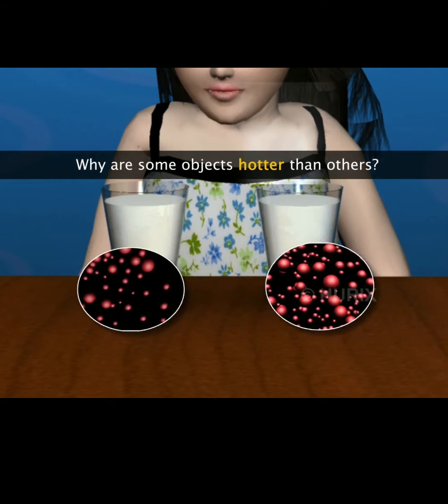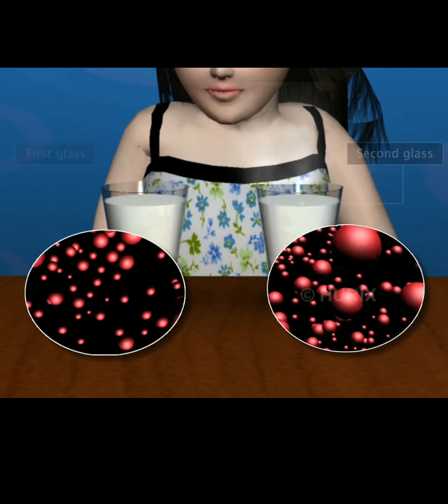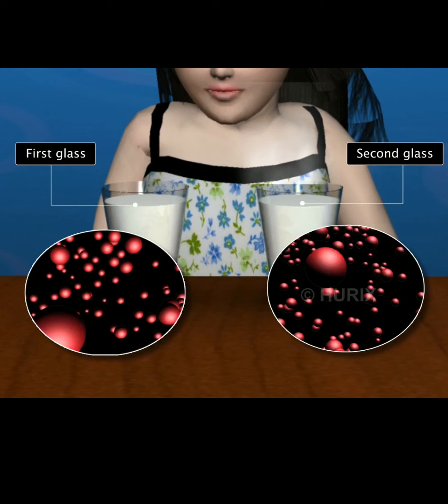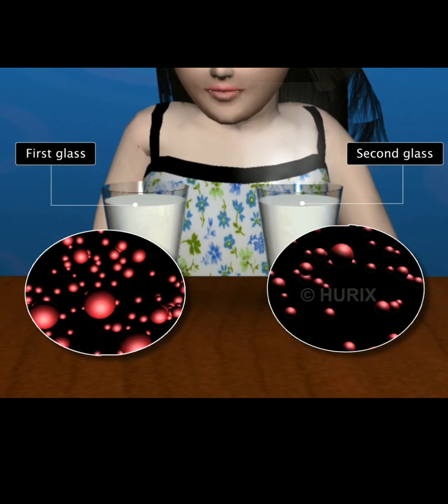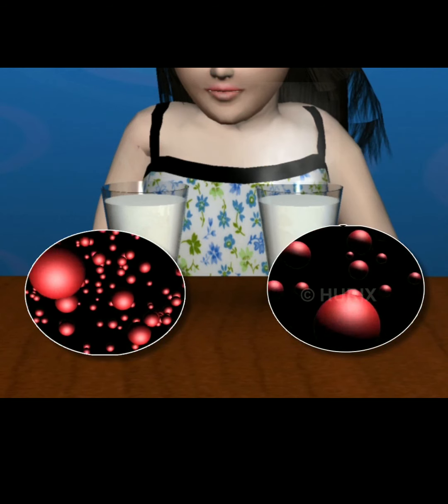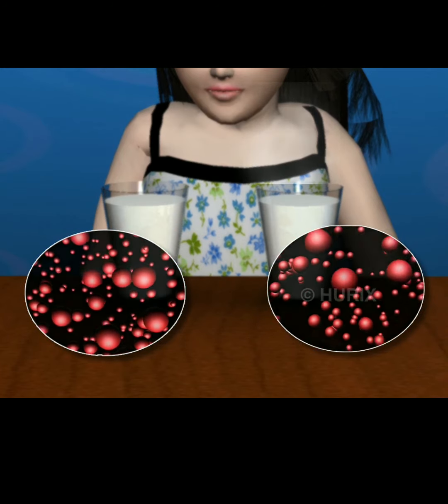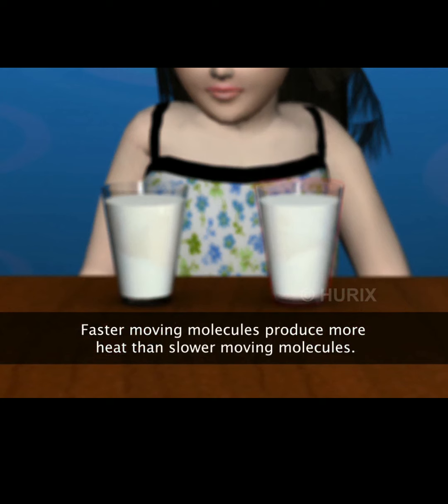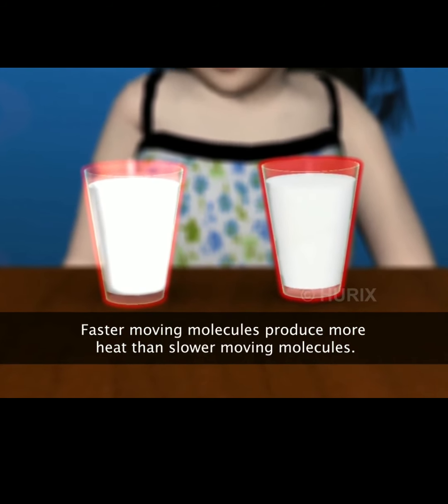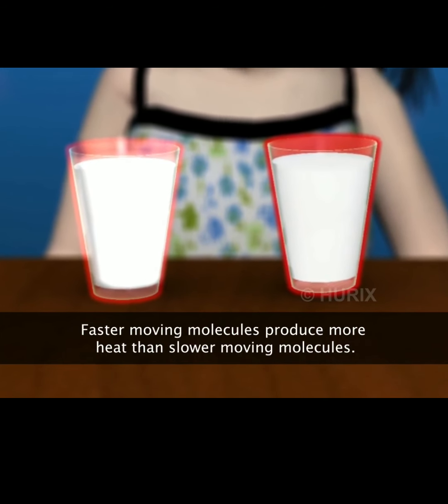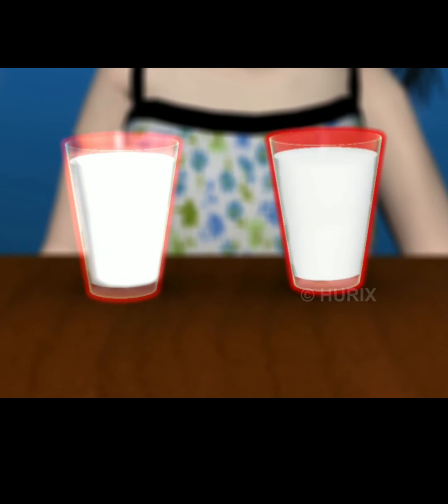If we look at the movement of the molecules of these two glasses, we will find that the molecules of the first glass are moving slowly, compared to the molecules of the second glass. Faster moving molecules produce more heat than slower moving molecules. This results in the varying levels or degrees of heat.